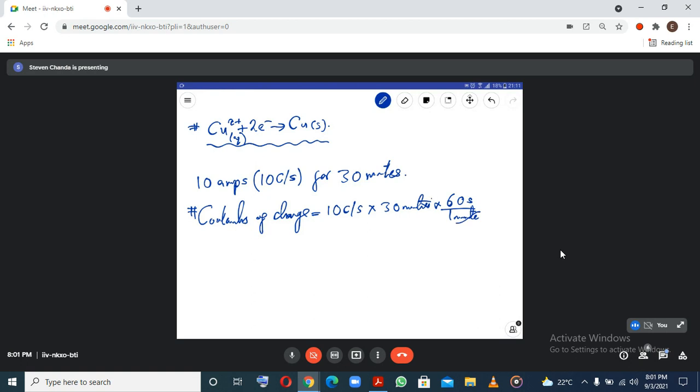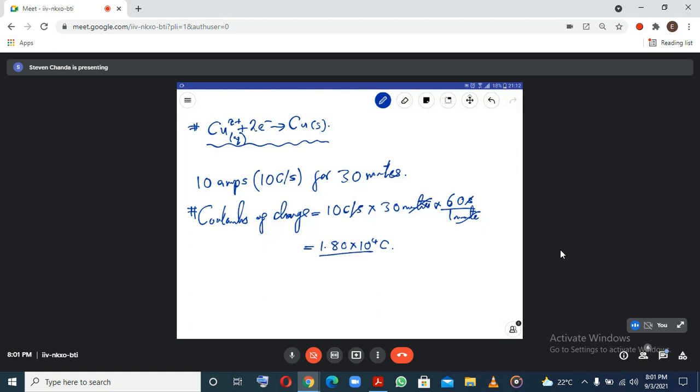And then we are going to have our charge. So you see, that's the beauty of using units, because the units will guide you if you've got something wrong.